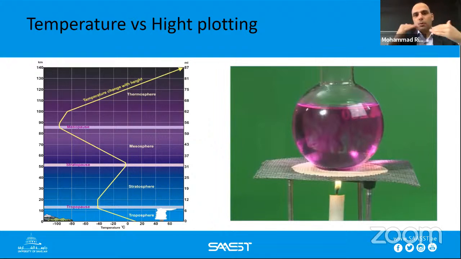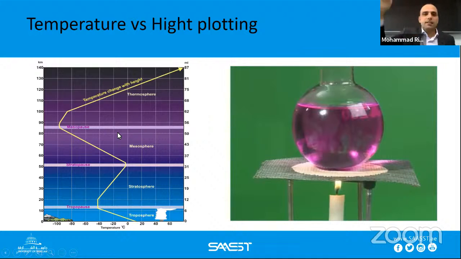That means the stratosphere is very, very stable in terms of the thermodynamic properties of the air masses. So in the stratosphere like this, and when we reach the mesosphere, the same thing as the troposphere, and again with the thermosphere.